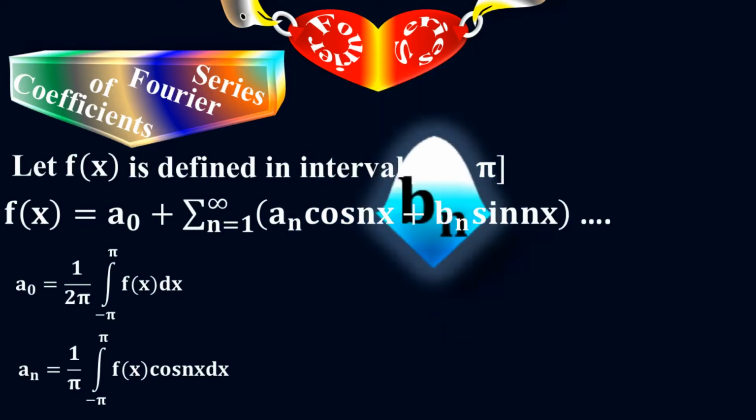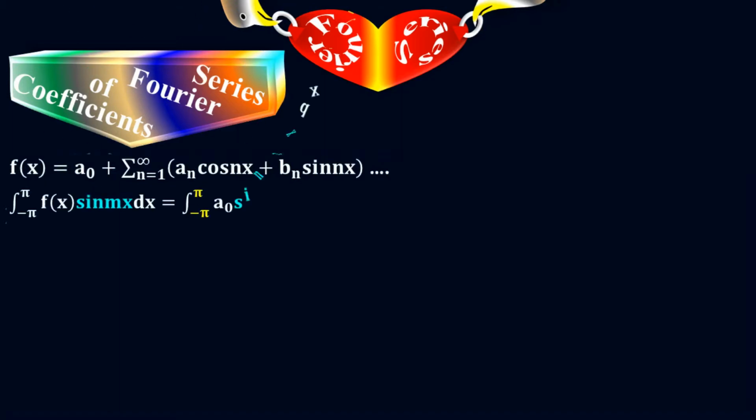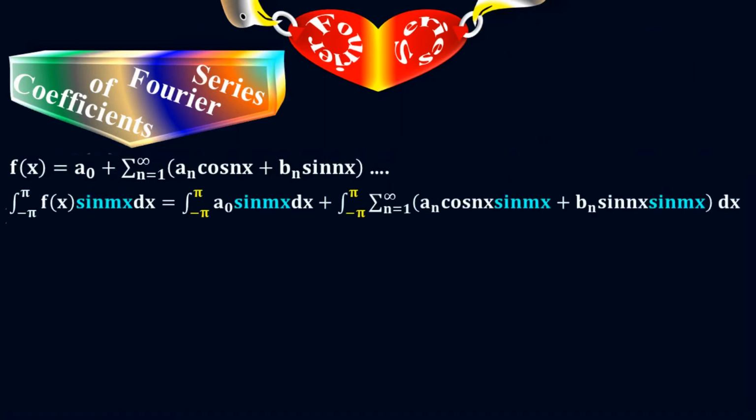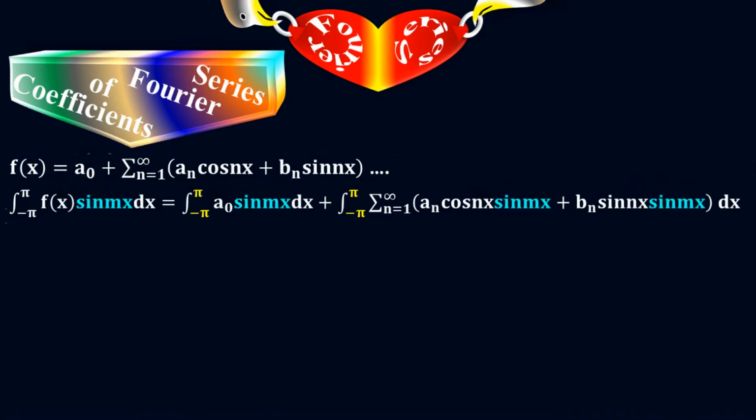Now I'm going to pick b sub n, again from the equation of Fourier series. Take integration on both sides with the limits from minus pi to plus pi. This time multiply both sides by sin mx. Now according to the rule, the integral of sin nx times sin mx is 0 for n not equal to m.